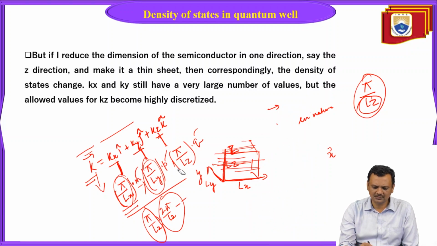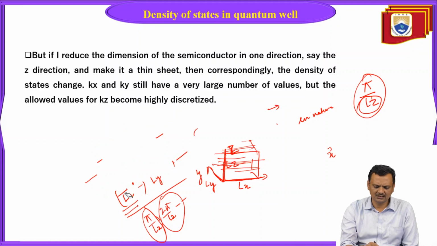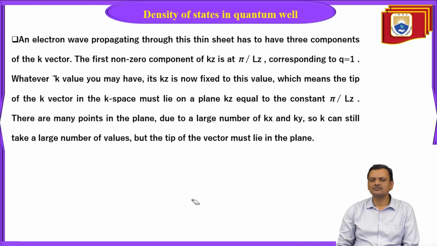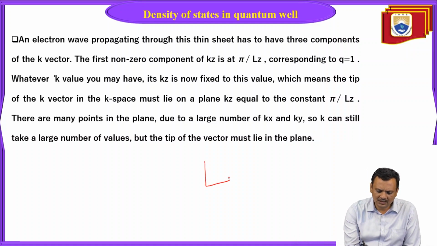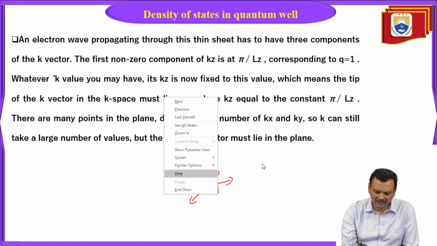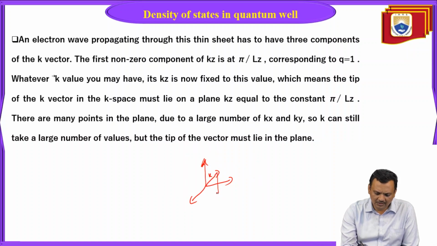So if such a case occurs, how will you compute the density of states? For the bulk case, your wave vector is like that, where k is the wave vector for the bulk case, where the projection of this k vector will give the kx, ky, kz components.